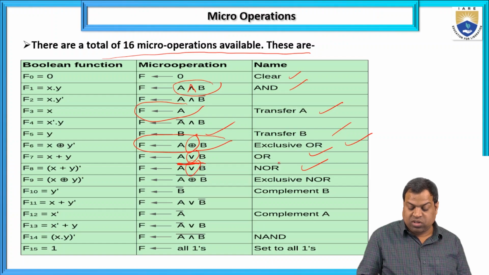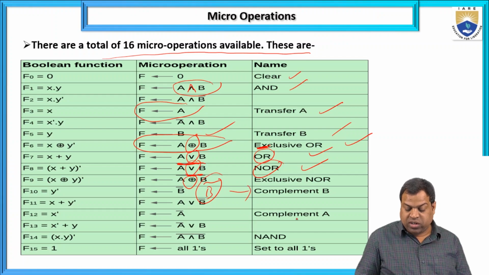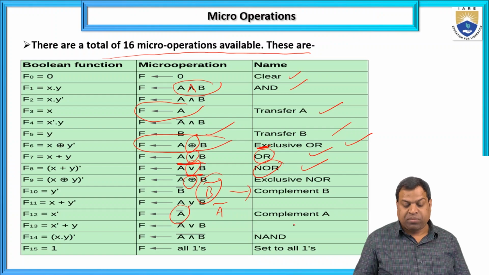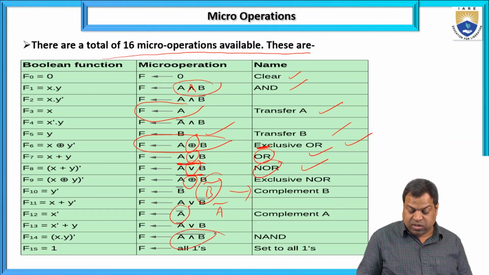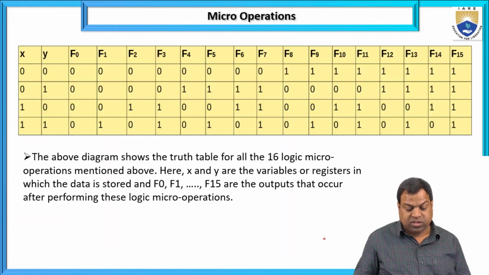Then the complement, NOR, and complement of B, B bar, that is called a complement, and the complement of A, A bar. Then NAND, and all set ones complement.